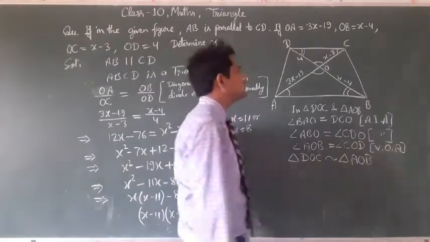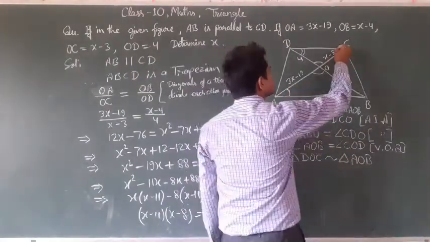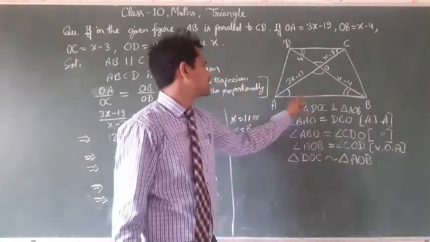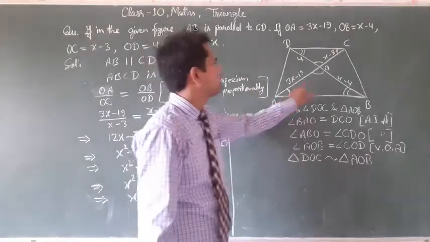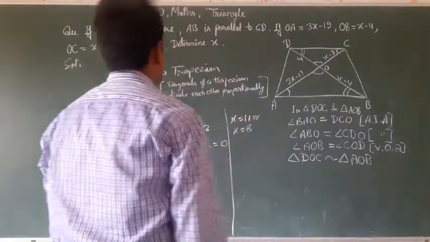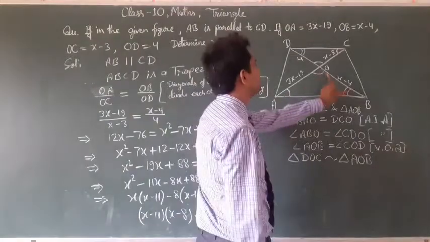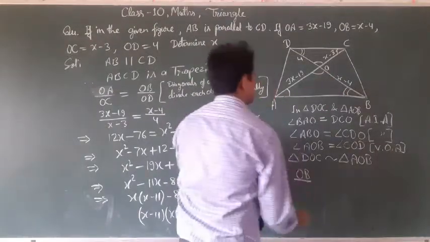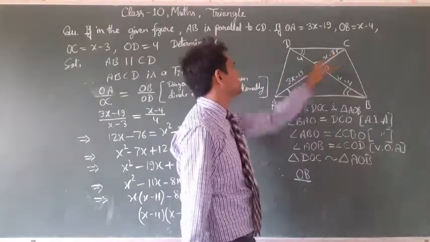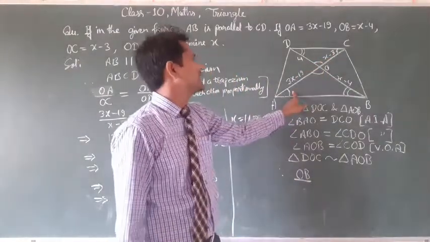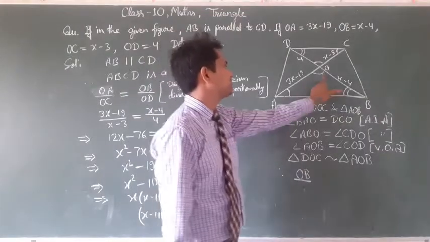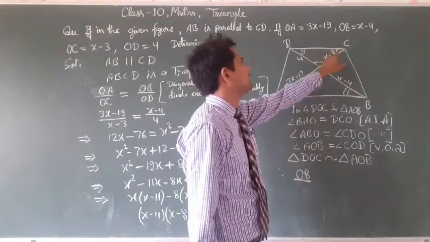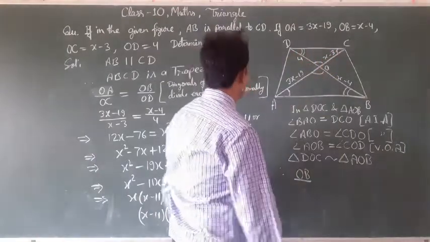So observe, this angle is equal to this angle, then write down the sides in front of this angle, which will be OB. Therefore, this angle is equal to this angle, then observe the side in front of this angle, this will be OB, and this angle equal to this angle, then the side in front of this angle is OD.